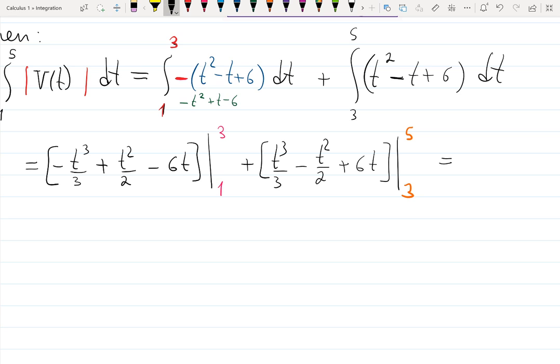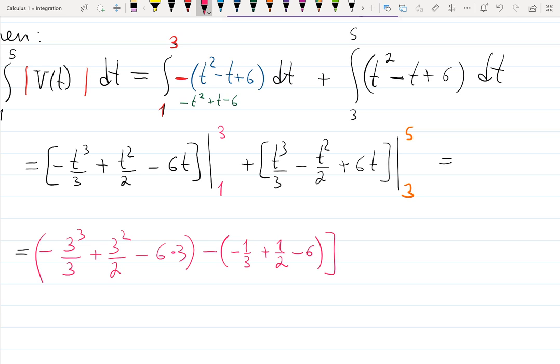That means each integral will give me a couple, top minus bottom, top minus bottom. So the pink will be the first one. Minus 3 cubed over 3 plus 3 squared over 2 minus 6 times 3, that's just the top, minus plugging in 1 everywhere: minus 1/3 plus 1/2 minus 6. And that's the pink part, the first integral. The second integral will be orange, and as you can see, we're adding those two.